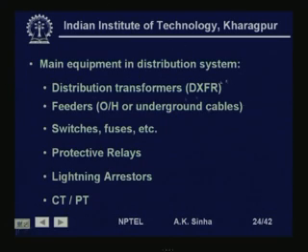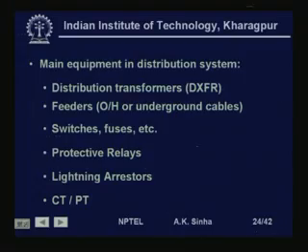The main equipment of a distribution system: once you have got the power at high or medium voltage, you step it down by means of distribution transformers, and then we have feeders, which are basically overhead or underground cables, to carry this electrical energy up to the consumer premises.